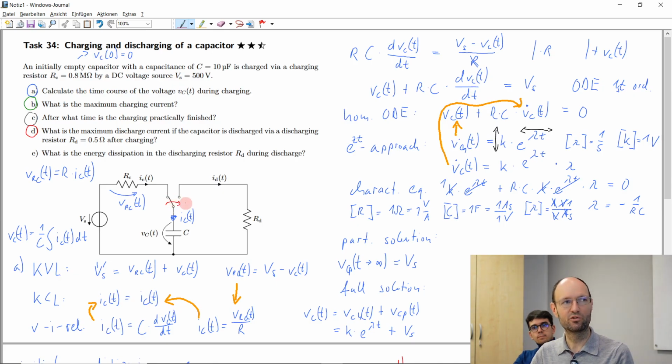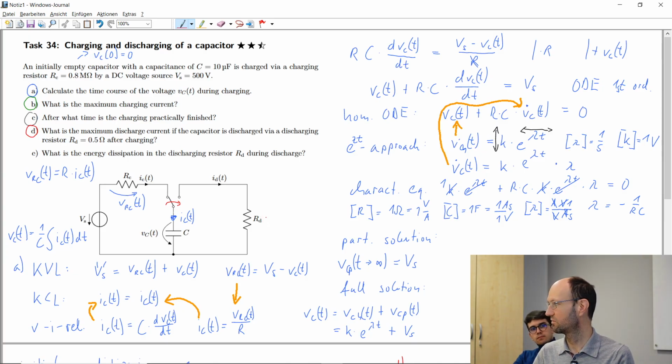And then we would switch over to some large resistor in this case, and now the inductor would like to continue to push the current through some large resistance, and then we would get a large voltage.